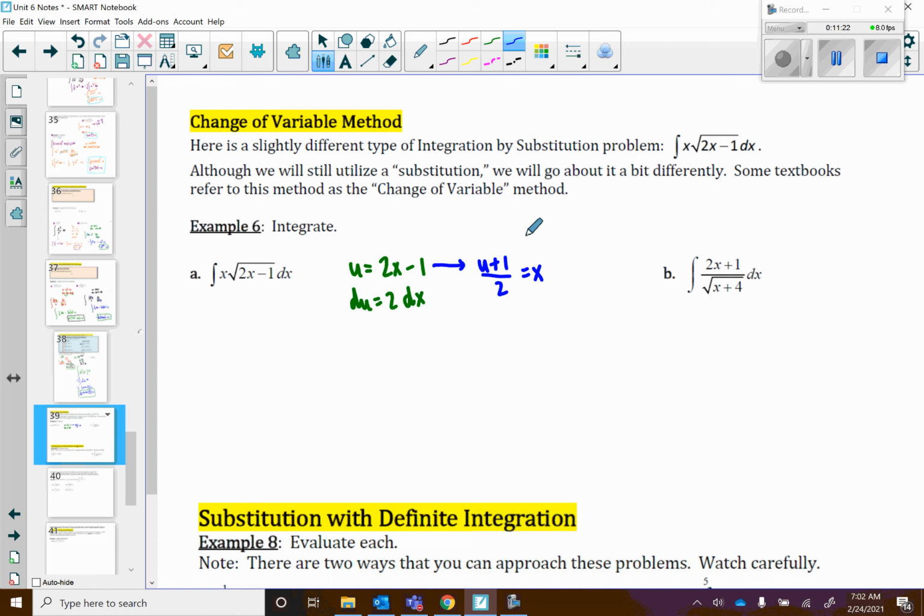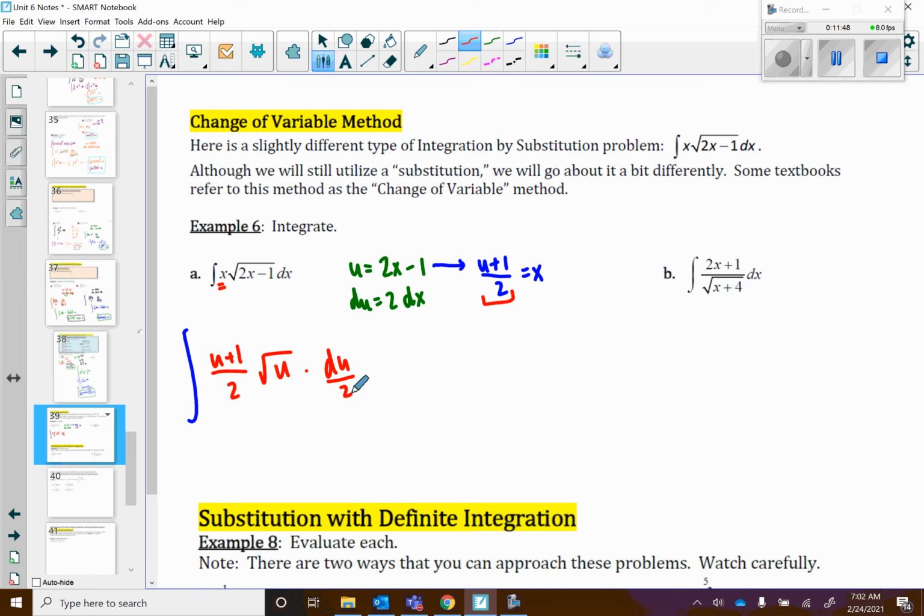So let's substitute our pieces back in. We have the antiderivative of, instead of x, I have u plus 1 divided by 2. Instead of the square root of 2x minus 1, I have the square root of u. And then I have times, instead of dx, du divided by 2.